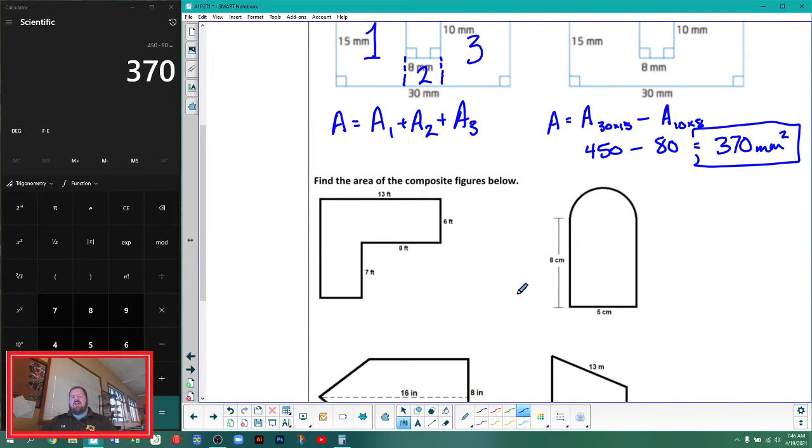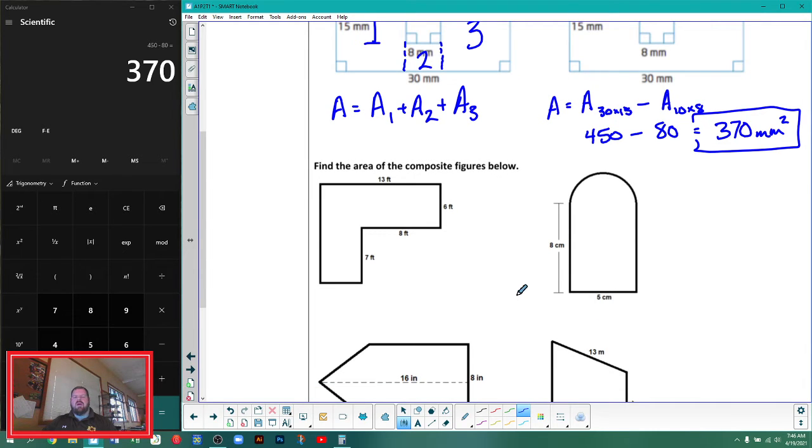So we'll find the area of some of these composite figures right here. And yeah, should be okay. I think everything should work out. So sometimes in some of these composite figures, they don't give you a certain distance, but you can find one.